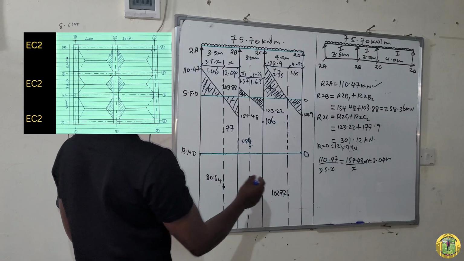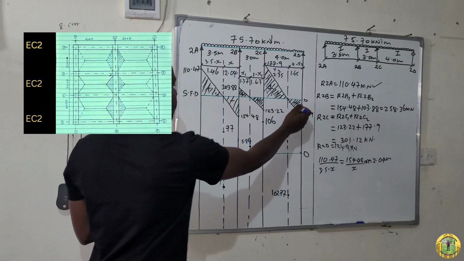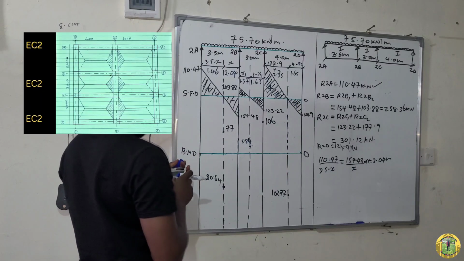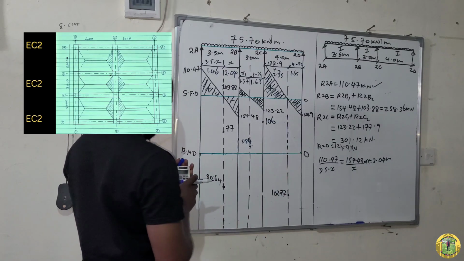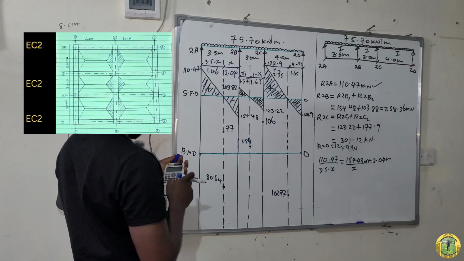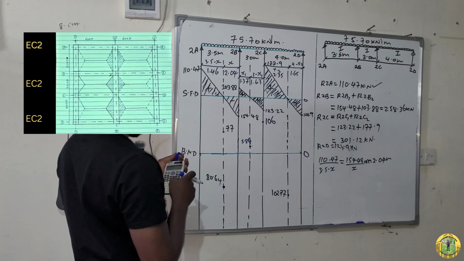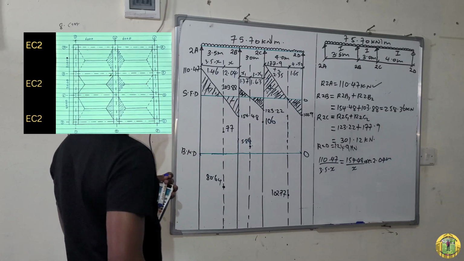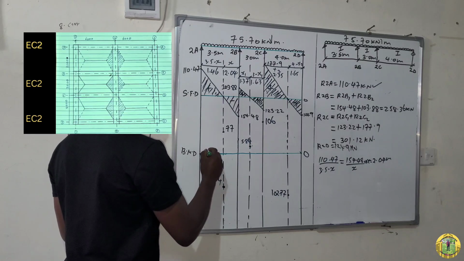You can prove it. This is positive minus this area. Just say minus 0.5 times 124.9 times 1.65. Automatically it is 0. So you can now join these points with a smooth circular curve like this one.